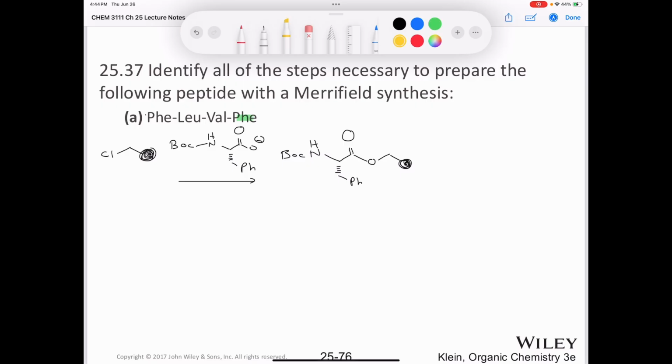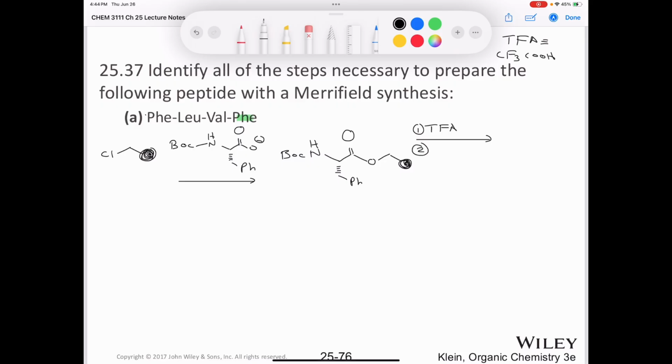So now we're going to tack on the valine. And so remember, we have to remove the Boc group. So for that, we're going to use TFA. So I'll just write TFA. Remember, TFA is the same thing as CF3COOH. You can write it either way, I don't care. So that's going to be the deprotection. And then in the second step, we're going to add the valine.